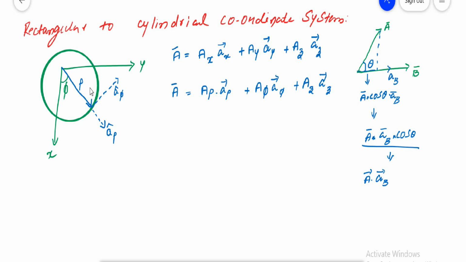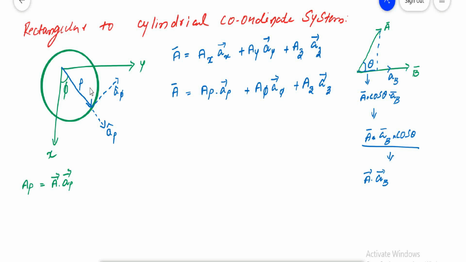So by considering the same concept, if I want to find the projection, this is A rho. The projection of A on rho, that is A rho, is equal to the projection of A in that vector, and the direction can be specified with a rho.